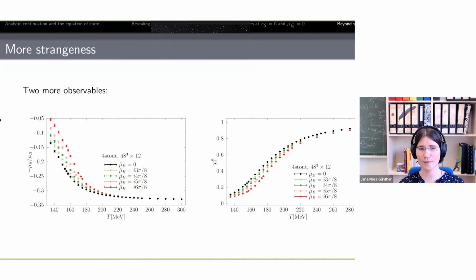And to look a little bit away from the strangeness neutral line, we look at 2 other observables for which we can also use some rescaling. One is the ratio between the strangeness and baryon chemical potential, and then the second order strange fluctuations.